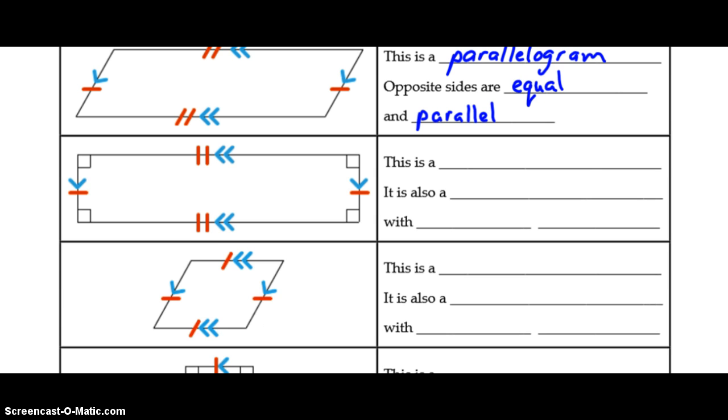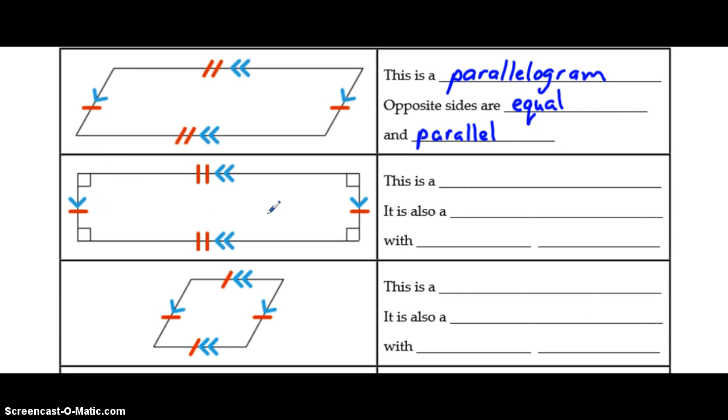So for example, this shape here, most of you commonly know that as a rectangle. But because it has opposite sides parallel and equal, it is also a parallelogram.